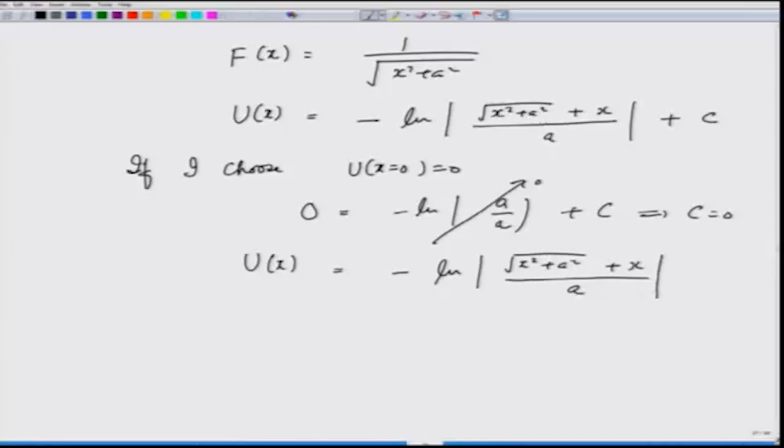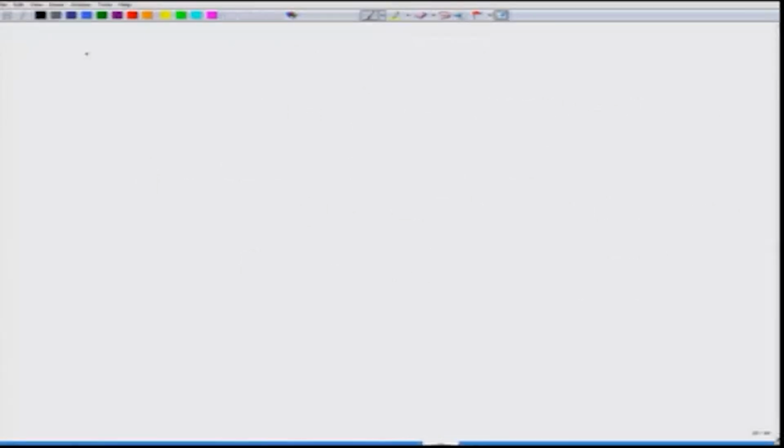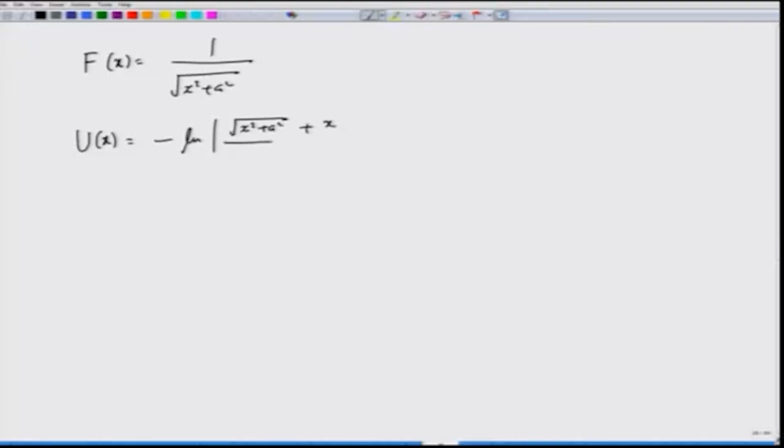So, now if I were to plot the force and the potential, I write my Fx is equal to 1 over square root of x square plus a square, and ux comes out to be minus log of mod of square root of x square plus a square plus x divided by a.